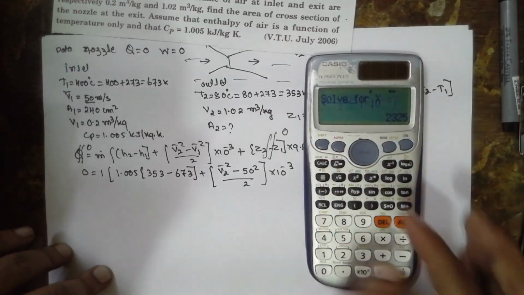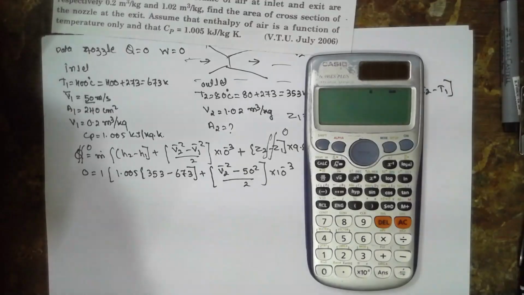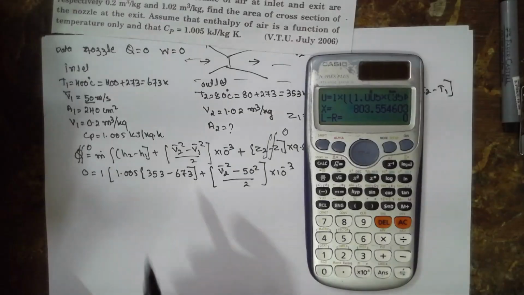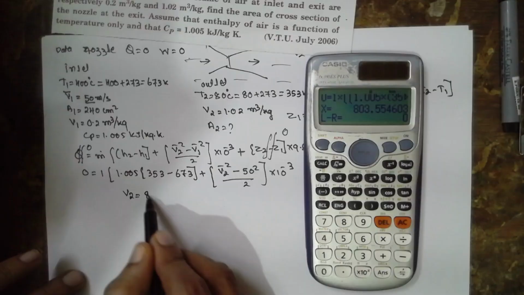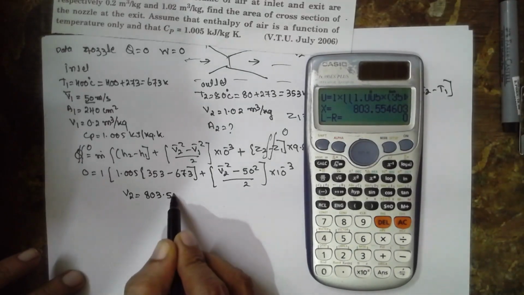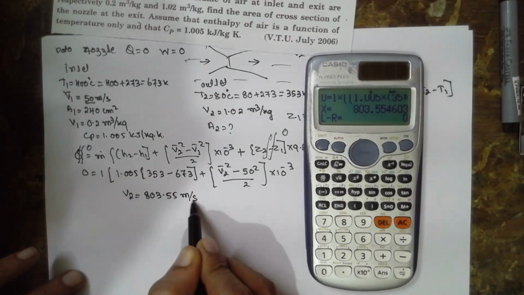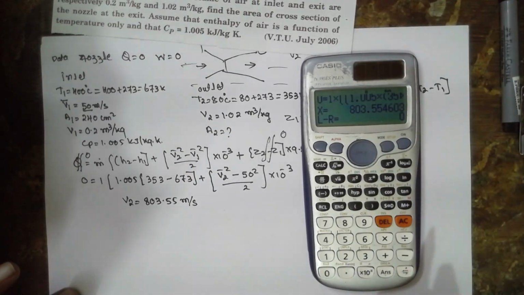Shift solve is equal to. The answer for velocity V2 is equal to 803.55 meter per second. We got the velocity.